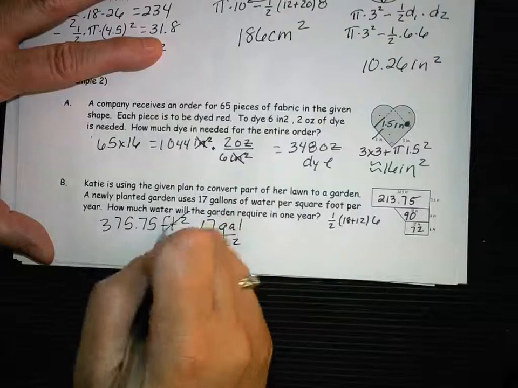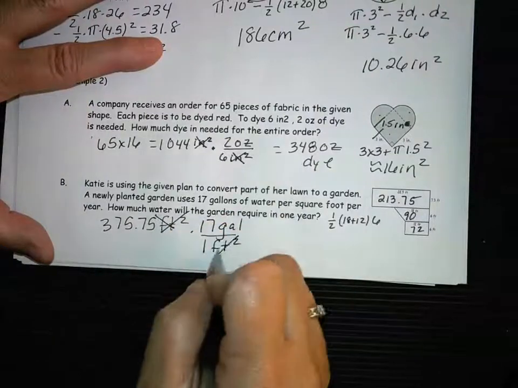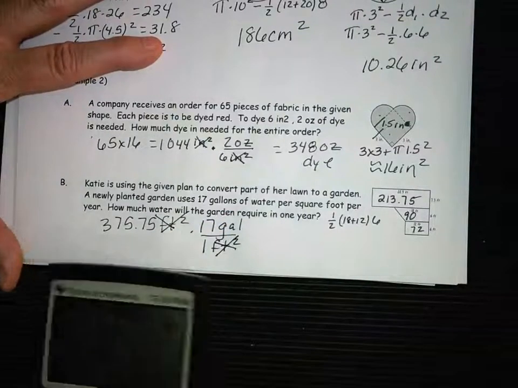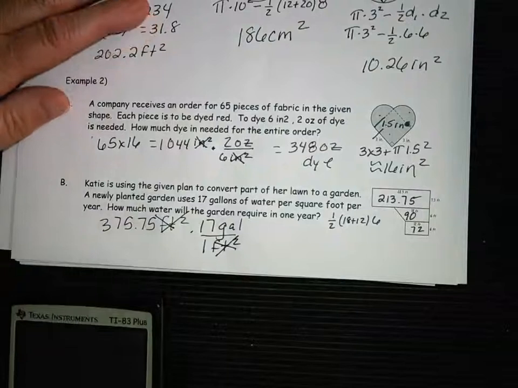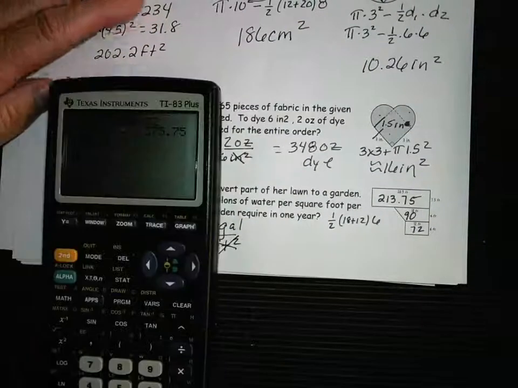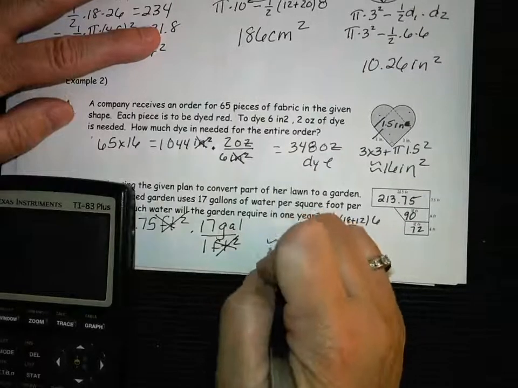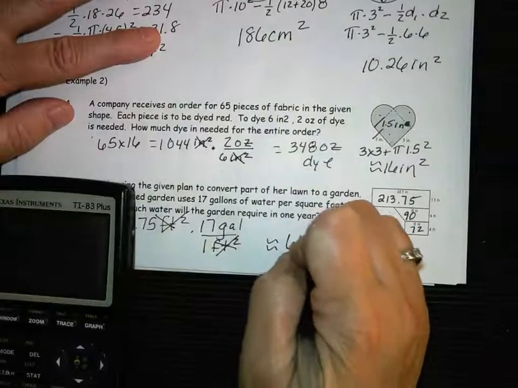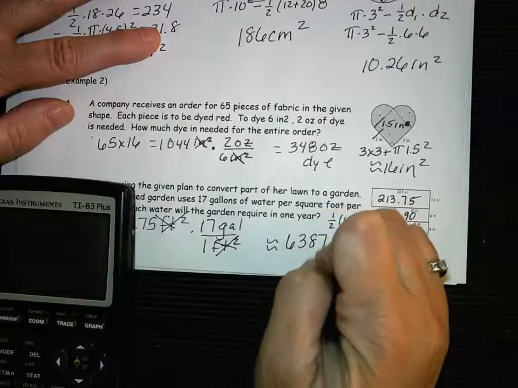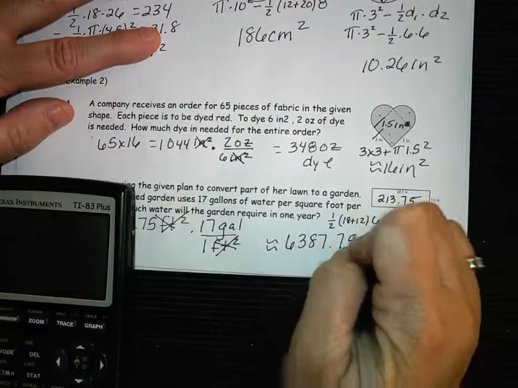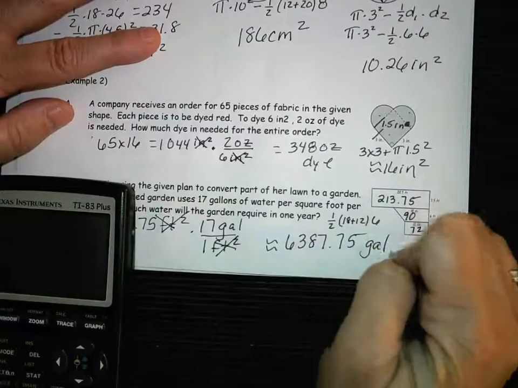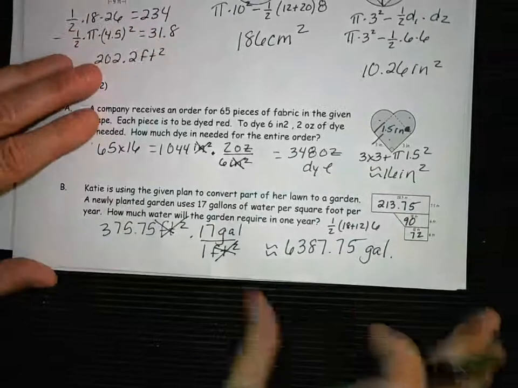Notice again how we have square feet on the top, square feet on the bottom, and those cancel out. Then we take our 375.75 and multiply by 17, and this garden will require 6,387.75 gallons of water per year. Wow.